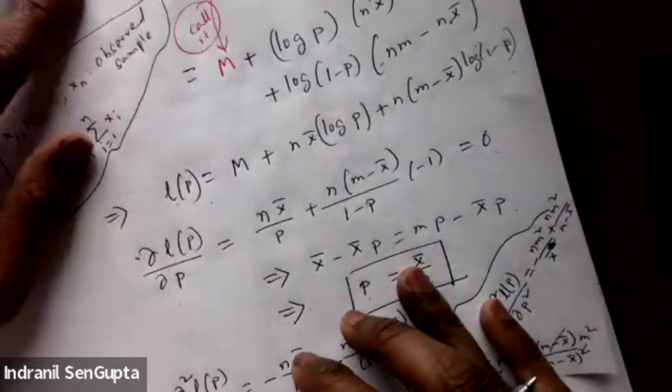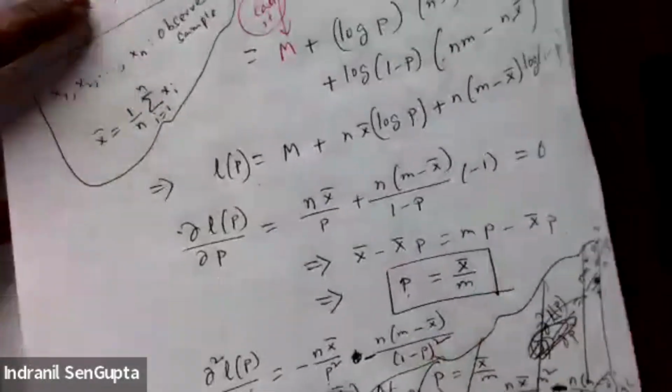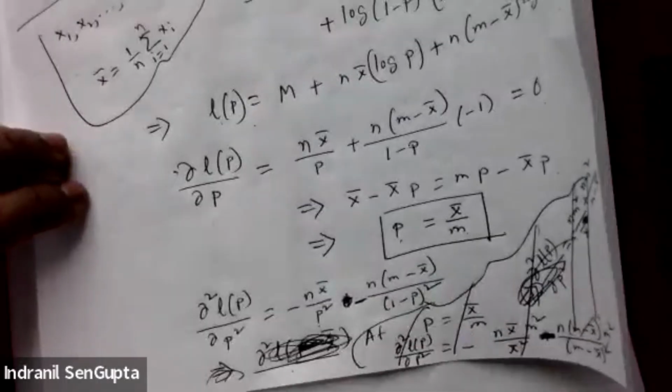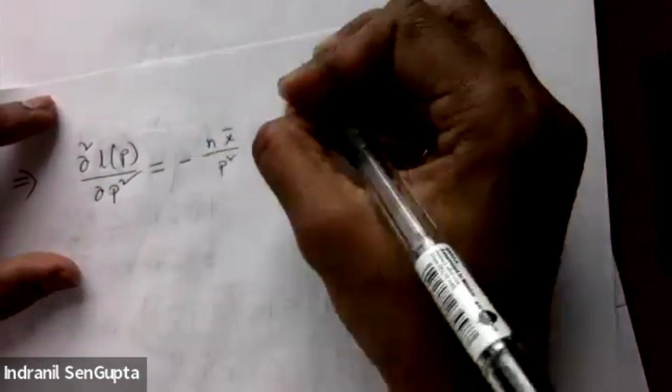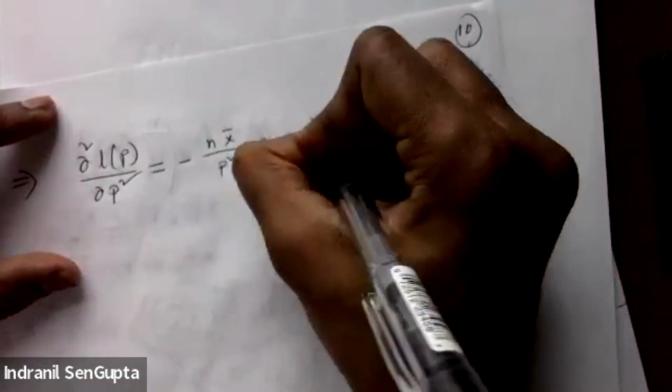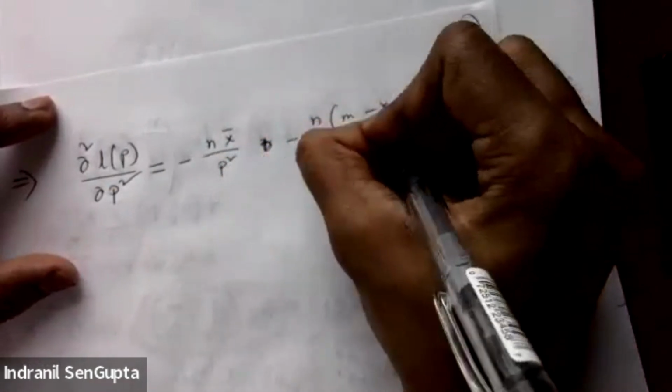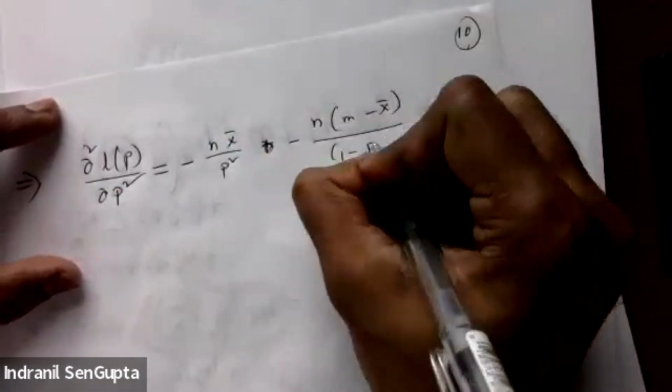So what we have is the second derivative: minus n x bar over P squared, sorry, minus n times m minus x bar over 1 minus P squared.